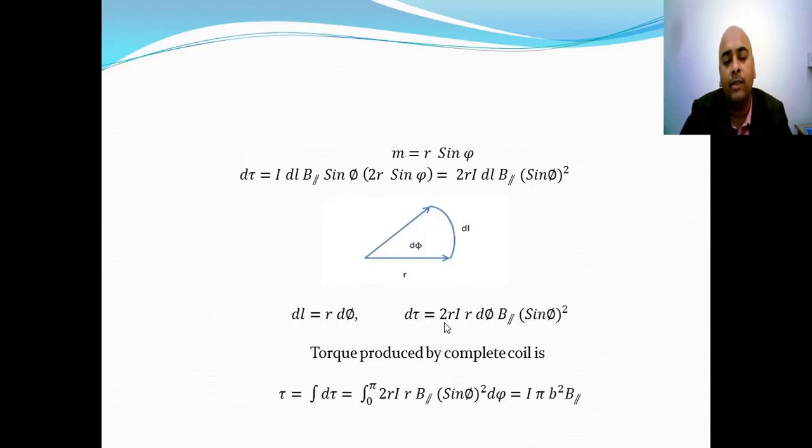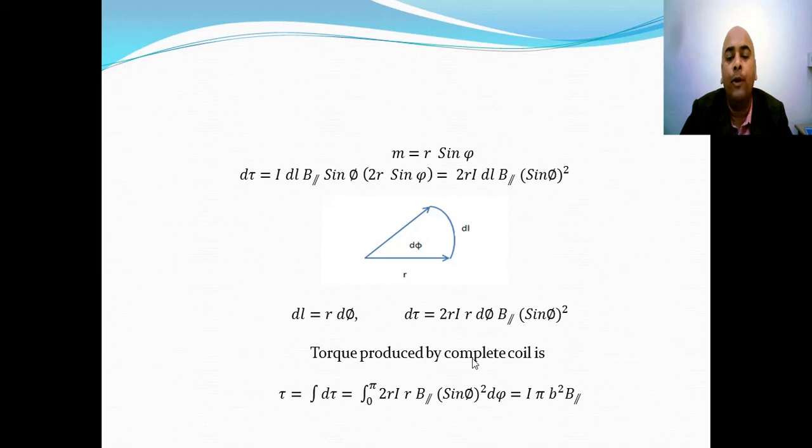If we connect the upper and lower portion of dl with the radius, let us suppose the angle between these two elements' radial vectors is d phi. From the arc length theorem we know that the length dl can be specified as r d phi. So the torque experienced can be written as 2 r I r d phi B parallel component sine squared phi.